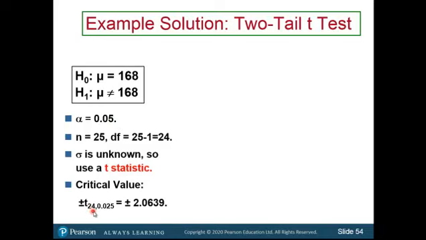For the two-tail test, 24 represents the degrees of freedom, and this is the alpha level divided by 2. 0.05 divided by 2 is equal to 0.025, and based on these two pieces of information, we use the t-table to find the value for this critical value of t. So we got plus or minus 2.0639. This is from the t-table at degrees of freedom 24 and alpha 0.025.